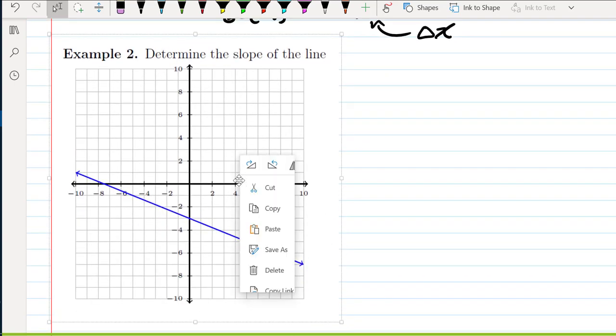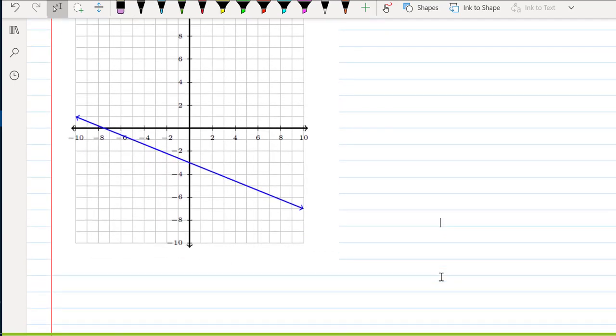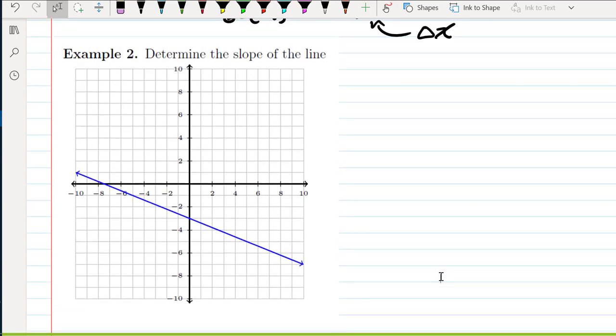Using our definition that it's the change in y over the change in x, we can pick any 2 points that we can read off our graph. So I'm going to pick that point, and I'm going to pick this point. If I go this direction, I would count off 1, 2, 3, 4, 5. So my change in x would be 5 units.